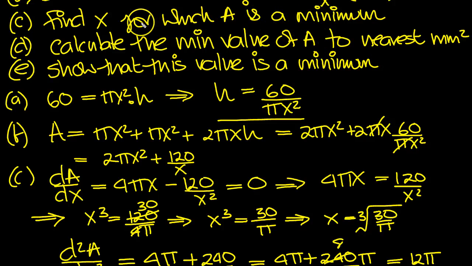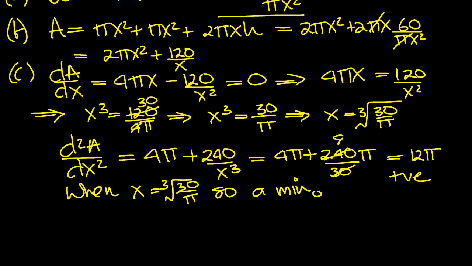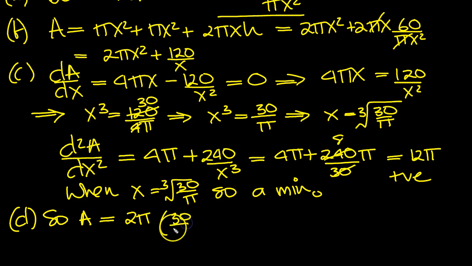We found the value of x. Calculate the minimum value of A to the nearest millimeter squared. So A is equal to, okay, it will be 2 pi x squared, so it's 2 pi times x squared, which is this to the power of a third, so it's 30 over pi to the power of a third is what we've got, and then we square it, don't we?